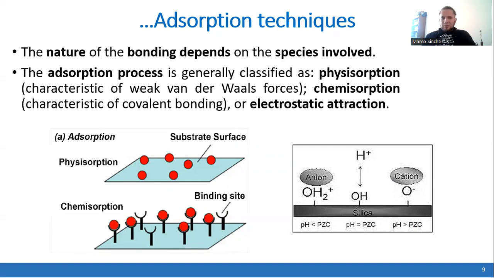And a third type of process is based on the electrostatic attraction that is produced when there are charges on the surface of the adsorbent, and the adsorbate is formed by ions, either those that are called anions that have negative charge or the cations that have positive charge.